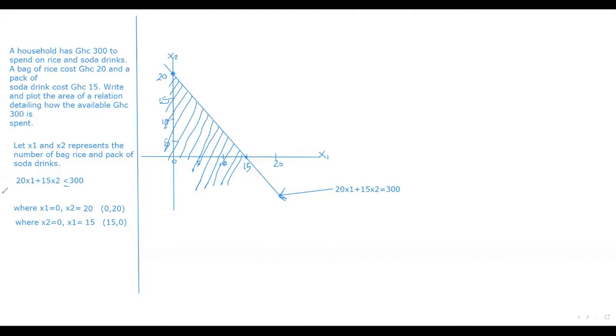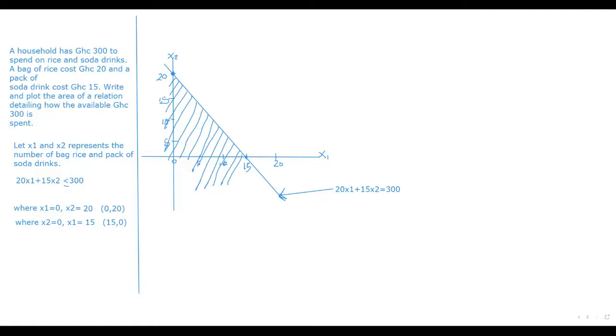So the decision variables are interested in the quantities, the units. We are interested in the quantities of the product in question, not the product itself. Do you get it?